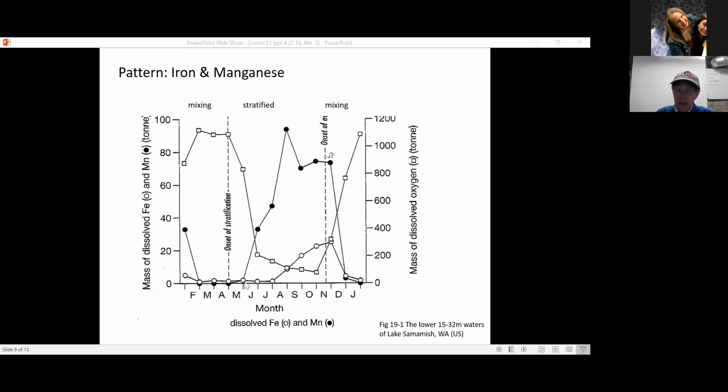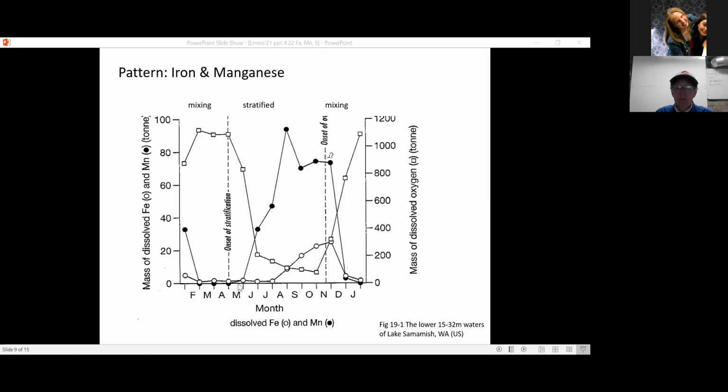By the end of May, manganese is starting to rise in concentration in the hypolimnion. The manganese is dissolving out of the sediment into the water. June, July, by the end of July, the iron is starting to dissolve out of the sediment.